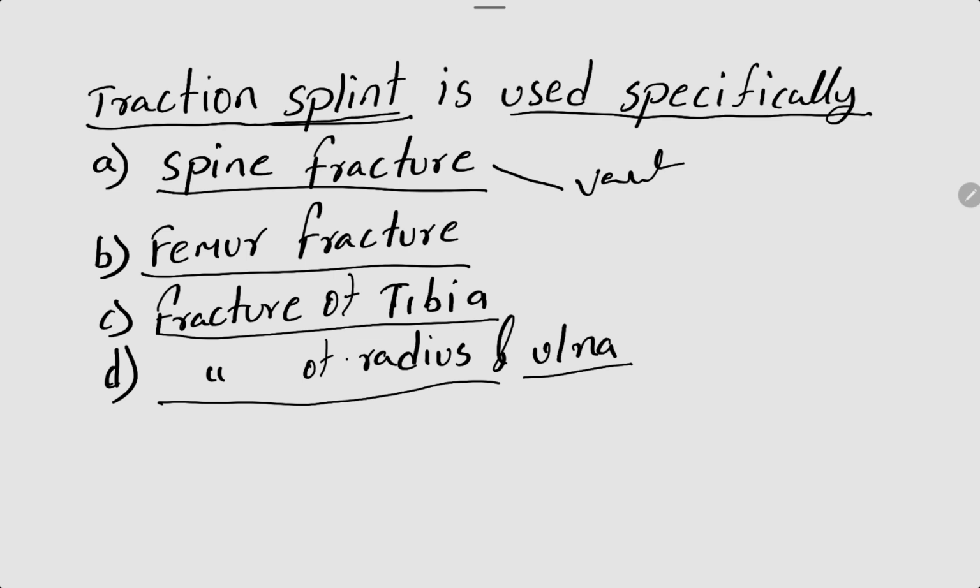For which fracture is the traction splint used? The right one is option B, femur fracture. For a femur fracture we can use the traction splint.